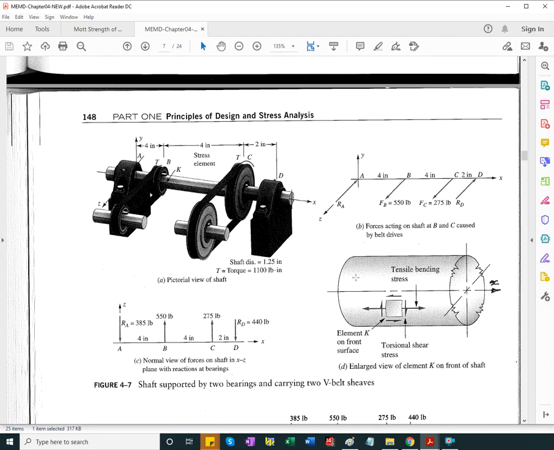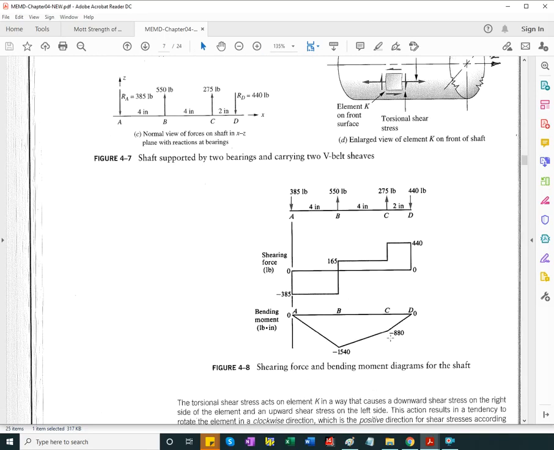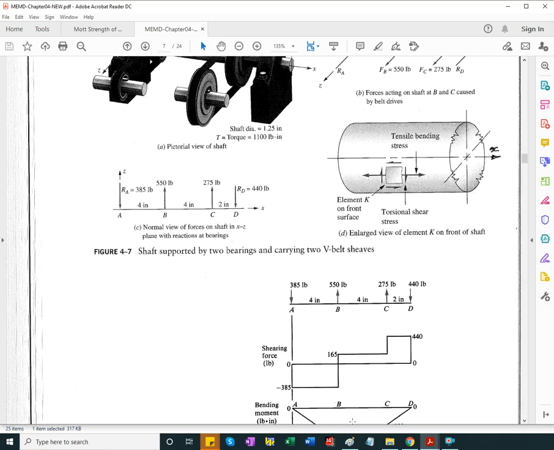We know how to do it. We can find reactions at supports. We can draw the shear force and bending moment diagram. We take the maximum bending moment from the diagram. Torsional stress is the same between the two pulleys. Bending stress is going to max depending on the magnitude of these forces. Let's see. So yeah, it's going to max right at B.